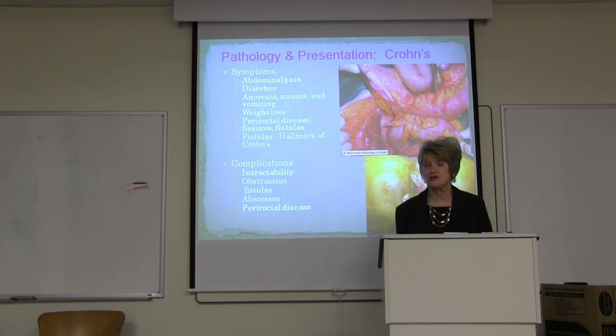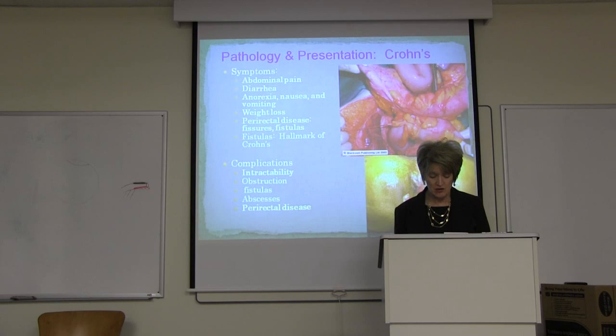I remember one of my patients who had involvement of the duodenum and jejunum, and she said the first thing she did every morning was throw up. What a terrible way to start the day. So just be aware that because Crohn's can involve any area of the GI tract, you can get any type of GI symptoms. So abdominal pain, pretty much constant. Diarrhea, very common. Nausea, vomiting, anorexia, definitely possible. And we talked about weight loss and malnutrition.